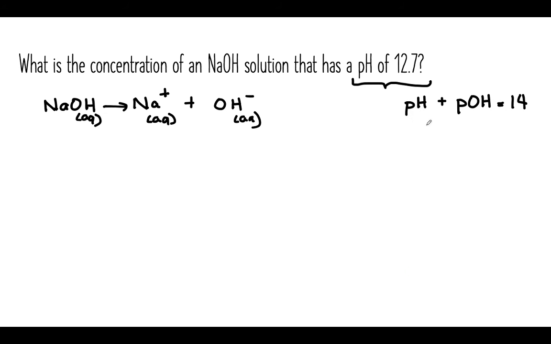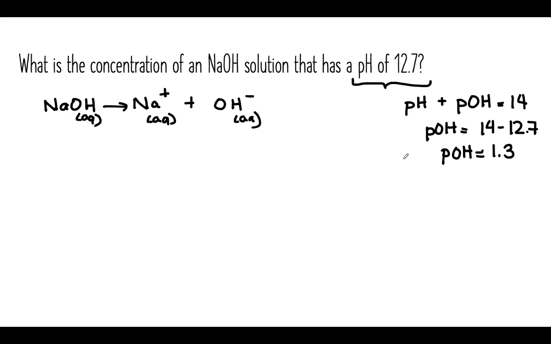So if I wanted to find the pOH of this particular solution, I can do 14 minus 12.7, and I can find that the pOH is equal to 1.3.